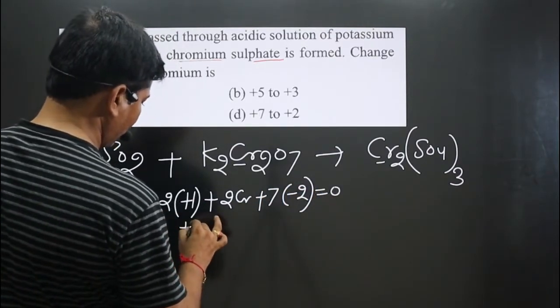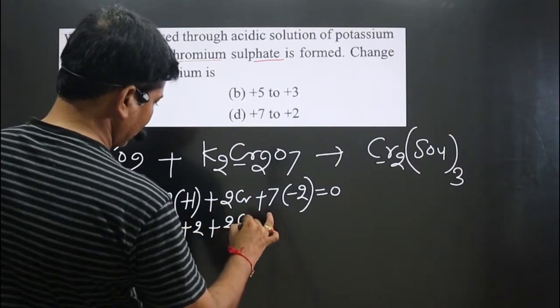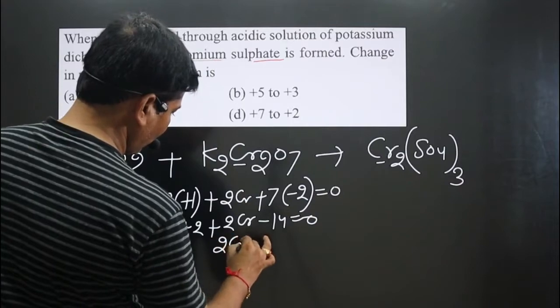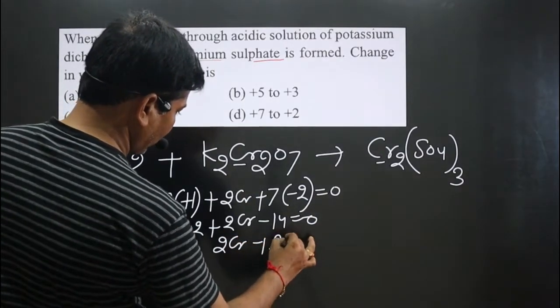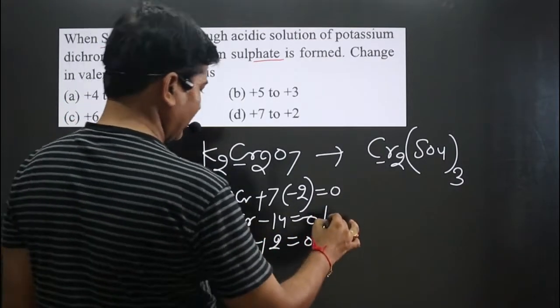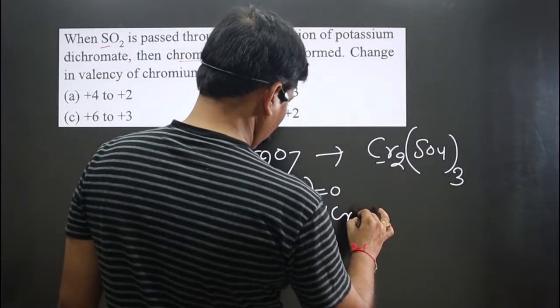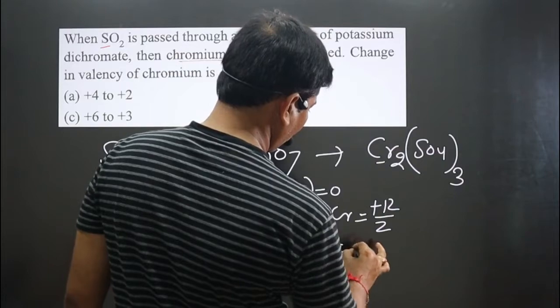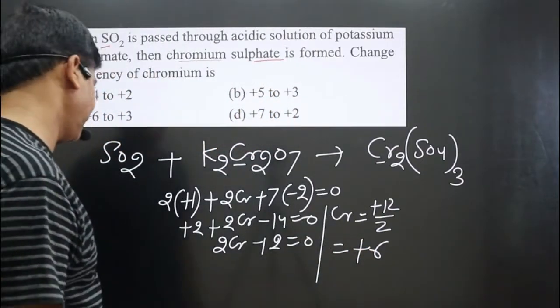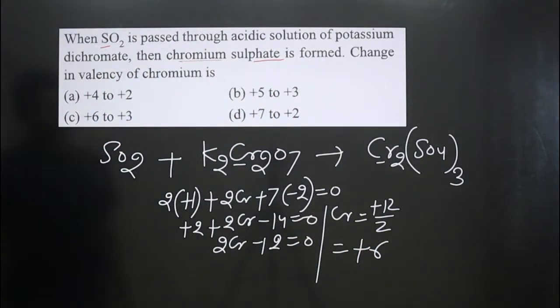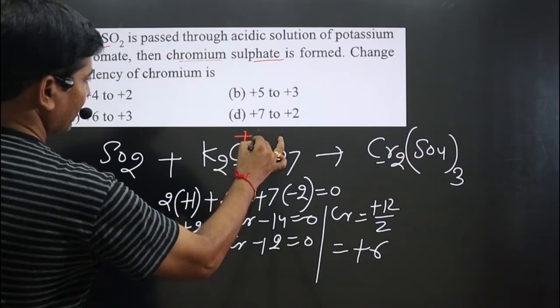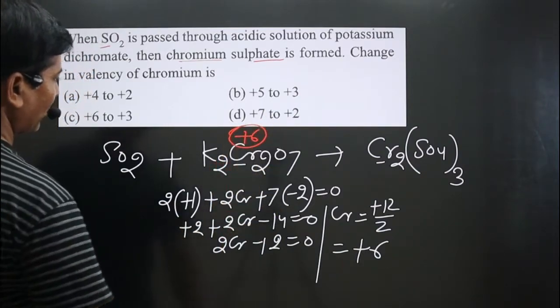So we get +2, plus 2 chromium, and -14, equal to 0. Then 2 chromium minus 12 is equal to 0, so chromium is +12 divided by 2, which is +6. So chromium is present in +6 oxidation number. This is the oxidation number of 1 chromium.